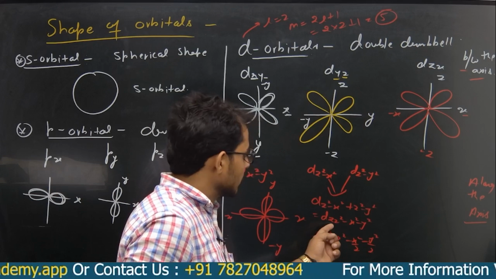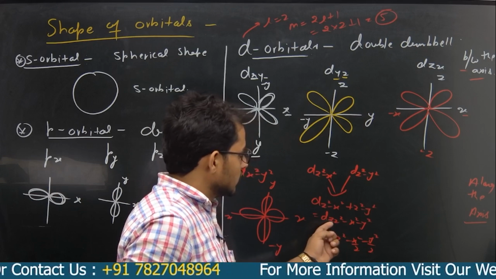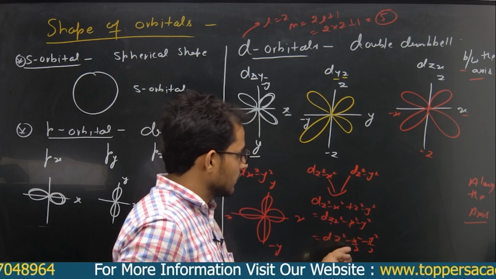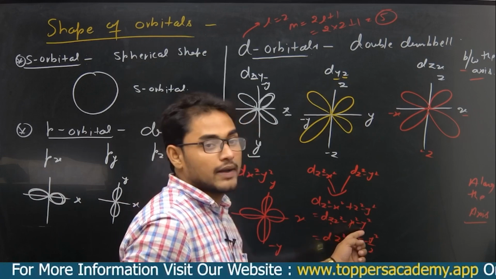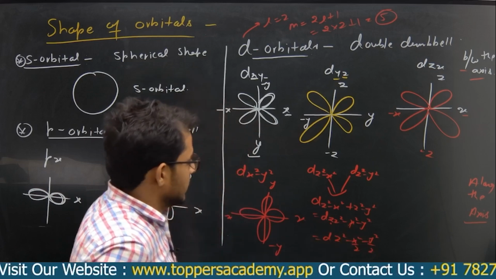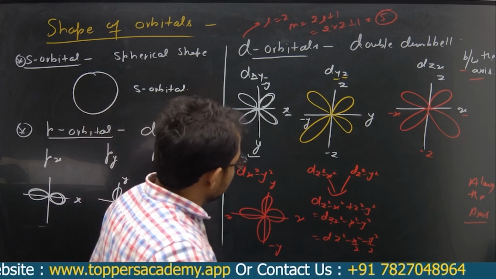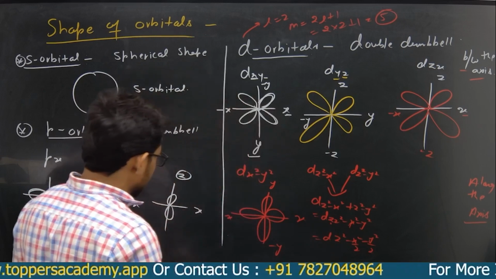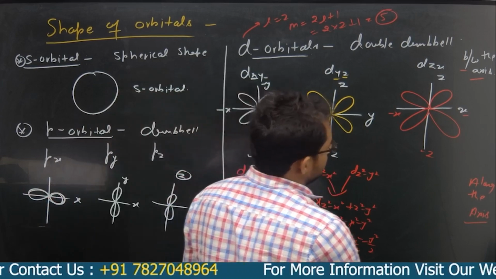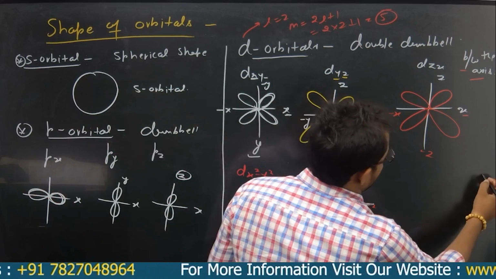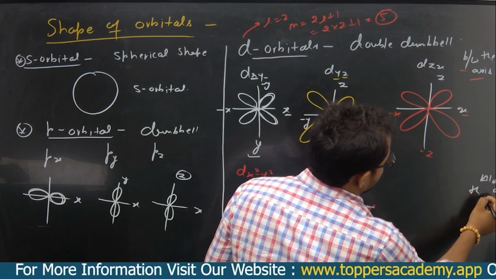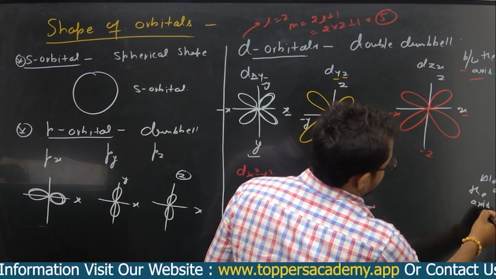If I divide by 2, 2z square becomes z square, and it becomes minus x square by 2 and minus y square by 2. Okay, it is like that. Now I am going to represent the structure of this orbital along the axis, right?